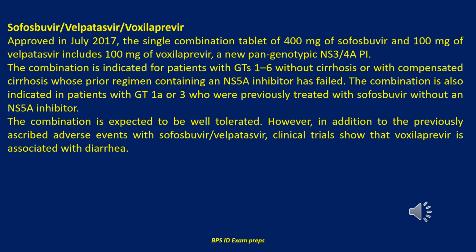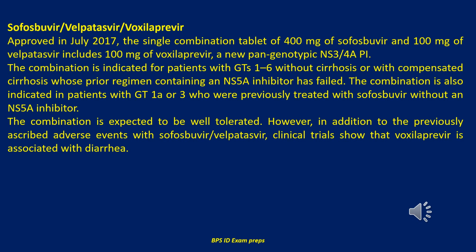The combination is indicated for patients with genotypes 1 to 6 without cirrhosis or with compensated cirrhosis whose prior regimen containing an NS5A inhibitor has failed. The combination is also indicated in patients with genotype 1A or 3 who were previously treated with sofosbuvir without an NS5A inhibitor.